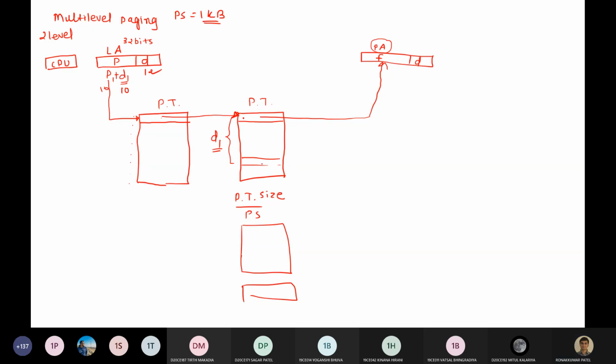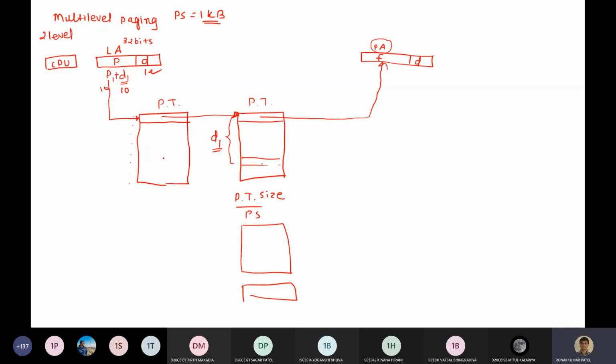Now assume that whenever I want a particular byte, at that time what will happen? Which page table do I need to load? Should I load this outer page table?